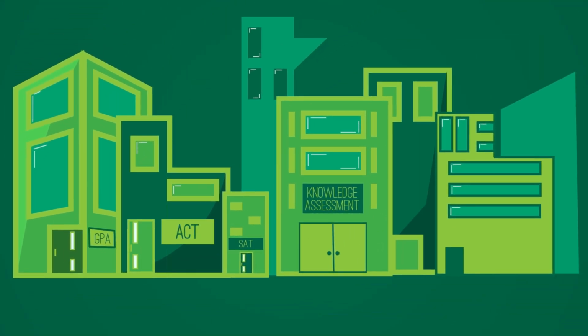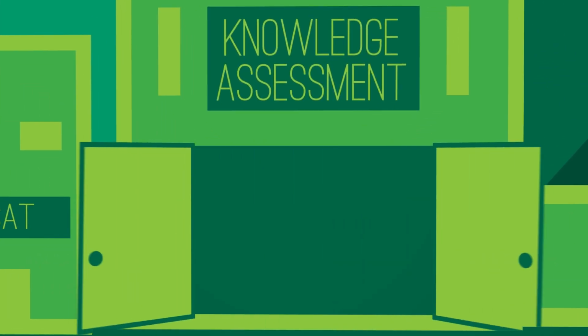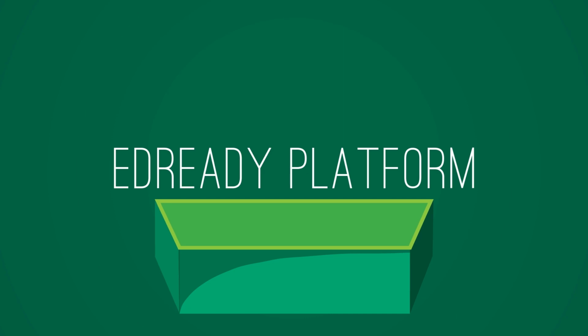Scores in one of the following: SAT, ACT, or knowledge assessment. There are different scores for each of these that meet the placement requirements for math and English courses. If you don't have your GPA, SAT, or ACT scores, and your program or course requires demonstrating readiness in math and/or English, you must take the knowledge assessment, which uses the Ed-Ready platform.